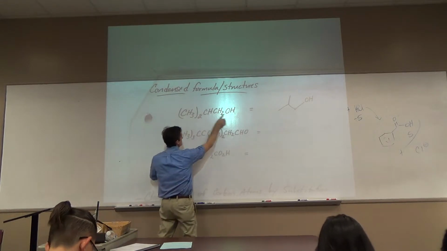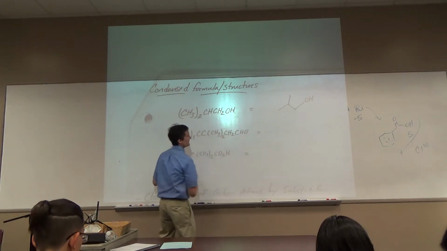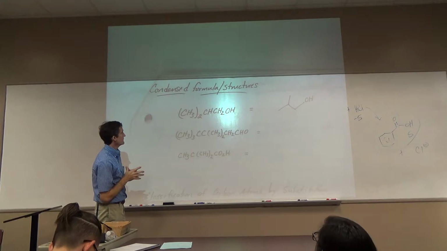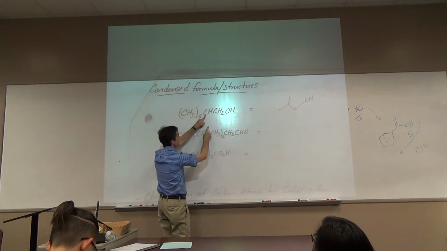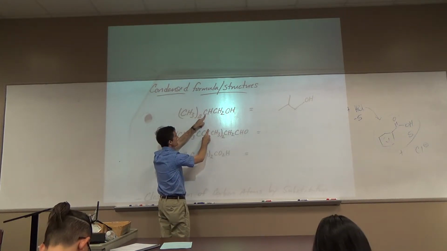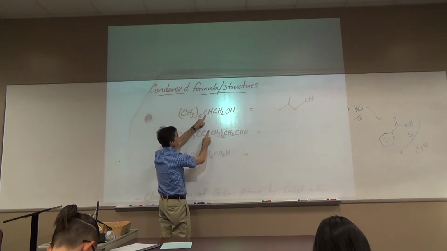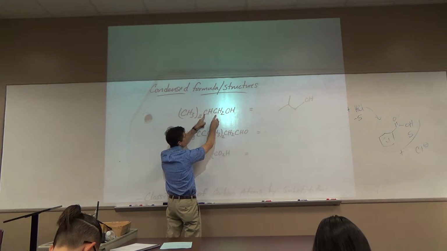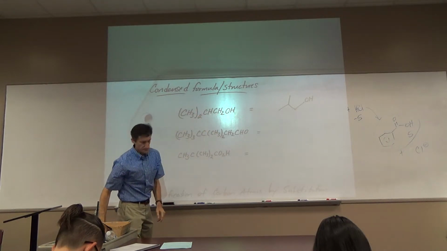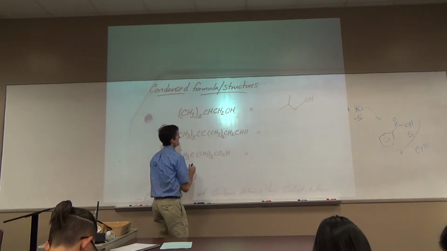For example, this here can be turned into that line bond structure. Because we have two methyl groups, where? On this carbon. And then what's on that carbon? Well, it looks like an H. Then is the H bonded to both carbons? No. It's only bonded to one, because hydrogen only makes one bond.